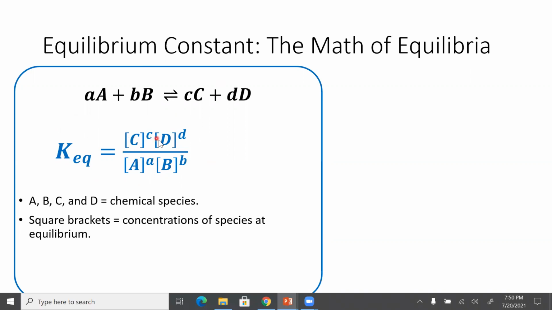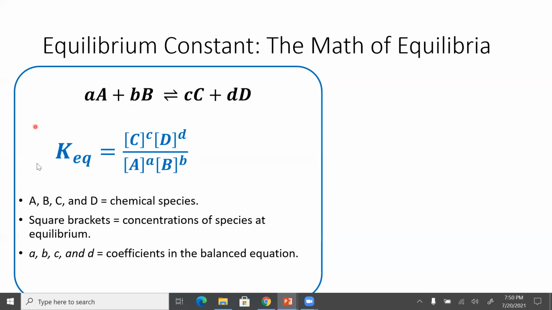The brackets mean concentrations, molarities. The superscripts, the exponents, are the coefficients in the balanced equation.